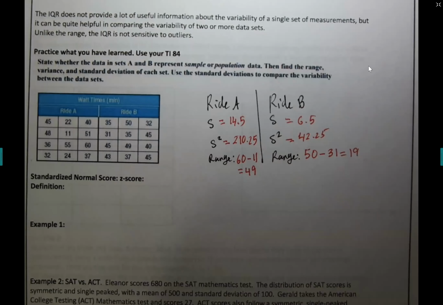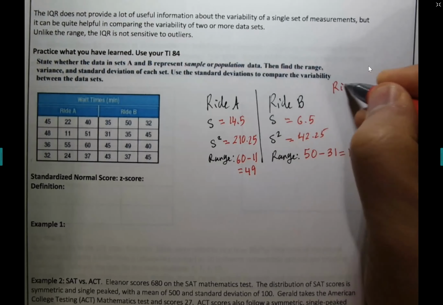A. Yeah, and why? Because it has a larger what? Standard deviation. There is more variation. If you want consistency, guys, you should go to ride B. If you want to take a chance with having to wait a lot more time than the average person waits, or a lot less, you could be taking a chance. You go to ride A because it has more variability.